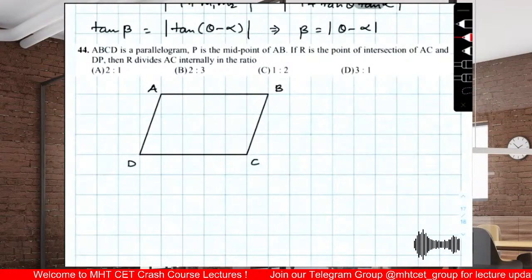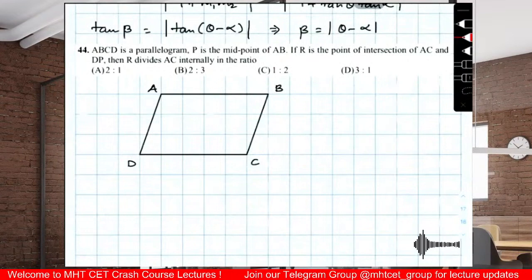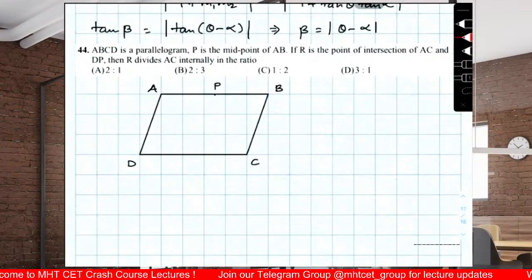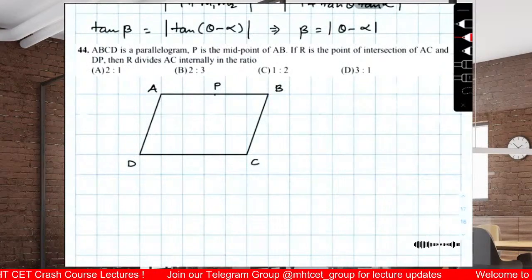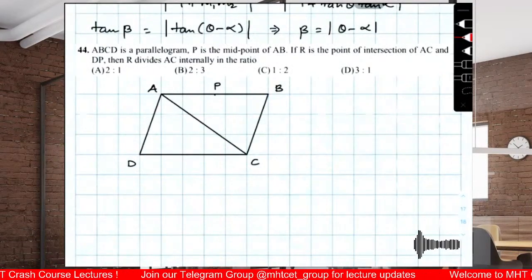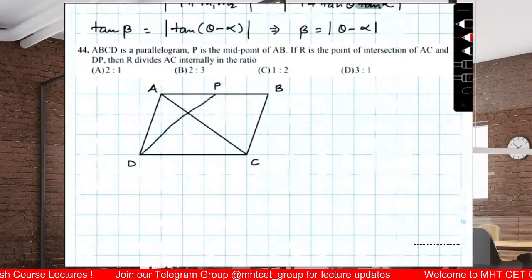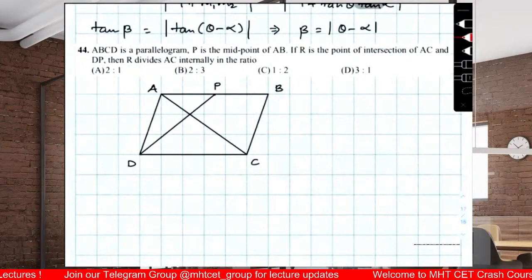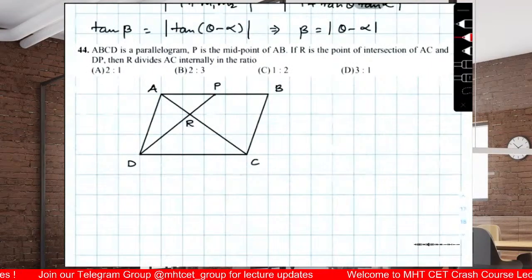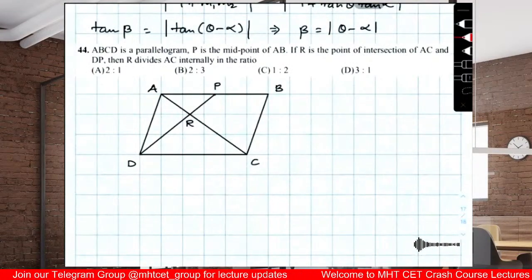ABCD is a parallelogram. P is the midpoint of AB. Okay. R is point of intersection of AC and DP. Okay, then R divides AC internally in the ratio.